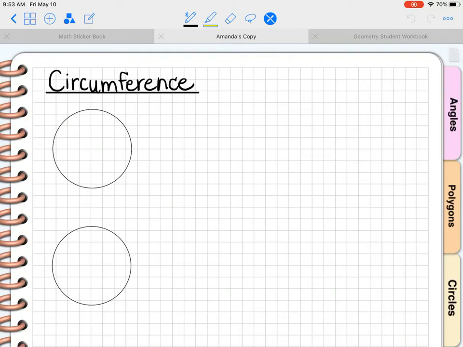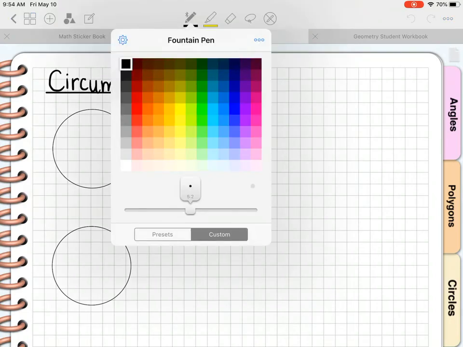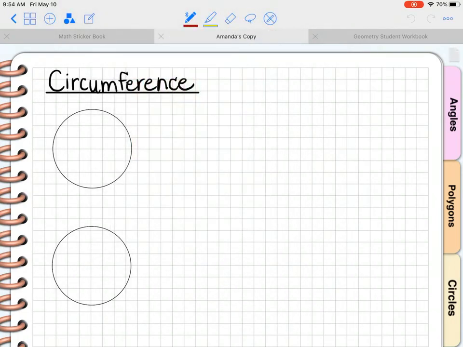And you can really do this two ways. It depends on the test, the teacher, the book. Different books do things differently, so I'm going to show you both ways in case you encounter one of these in another course. But the first one, I'm going to use, let me give you a radius here.